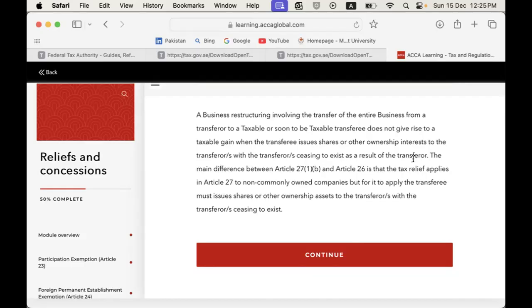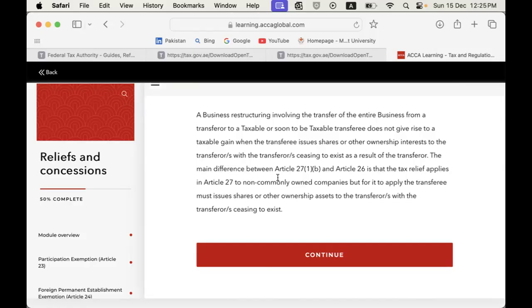So if the person who was transferring ceases to exist, this is the second scenario. Business restructuring relief involving the transfer of the entire business to the taxable person or soon to be does not give rise to the taxable gain when the transferor ceases to exist.